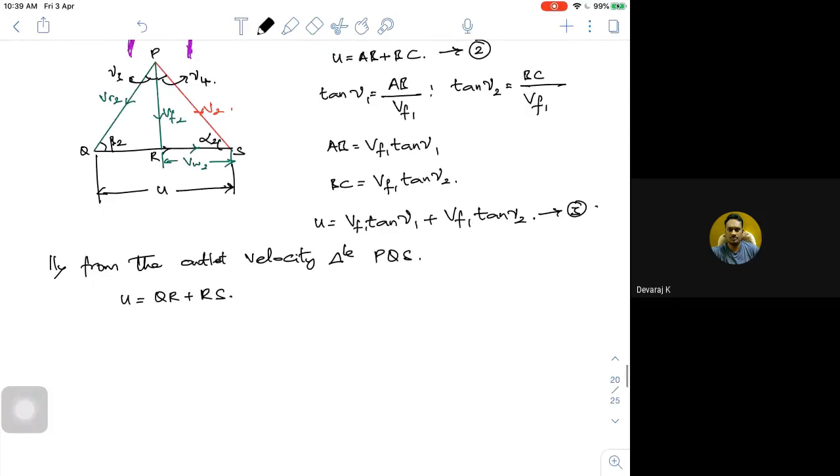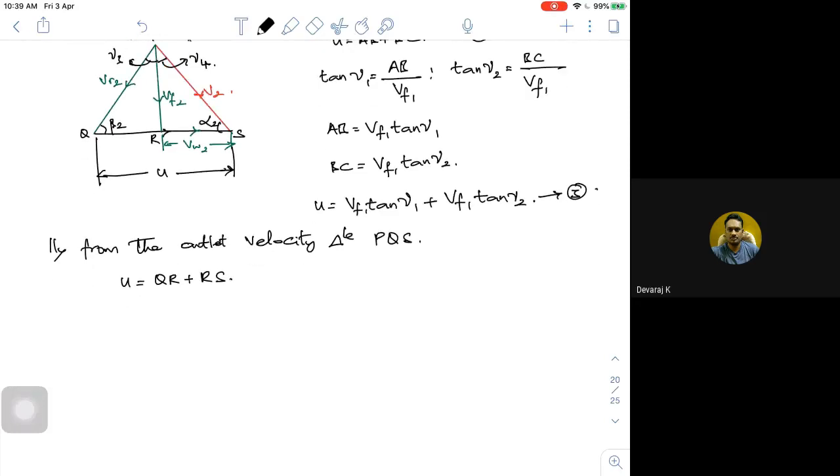Let me call this expression number 4. So tan gamma 3 is equal to QR divided by VF2, and tan gamma 4 is equal to RS divided by VF2.